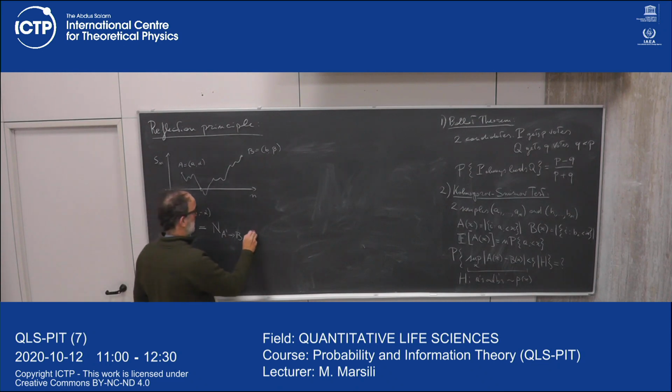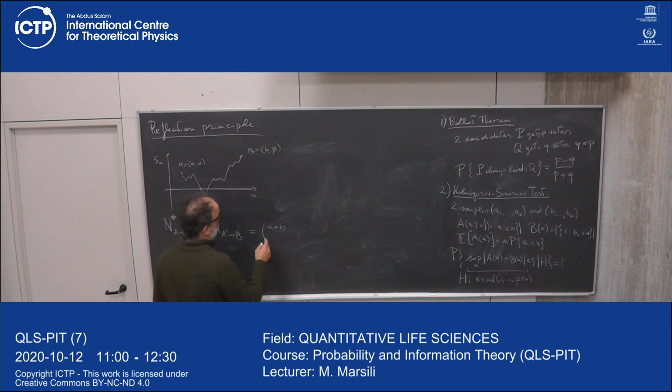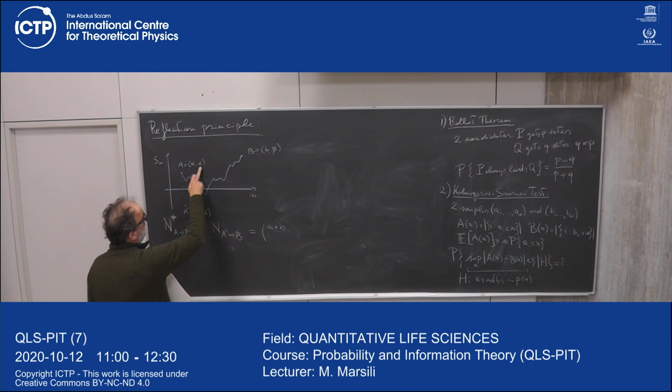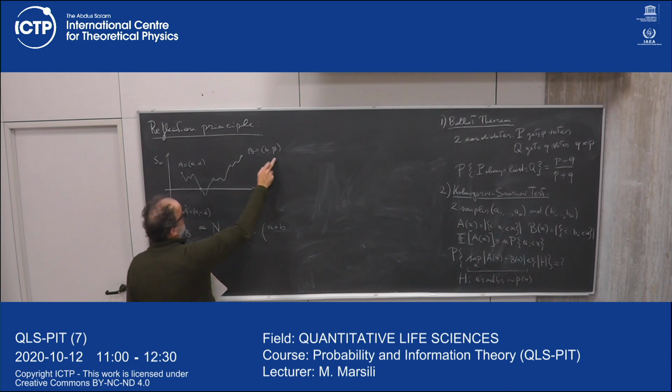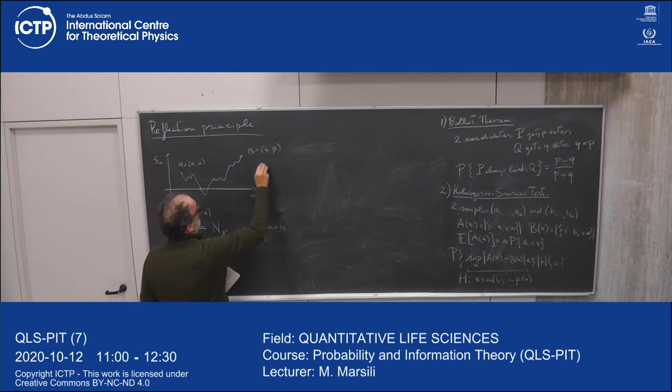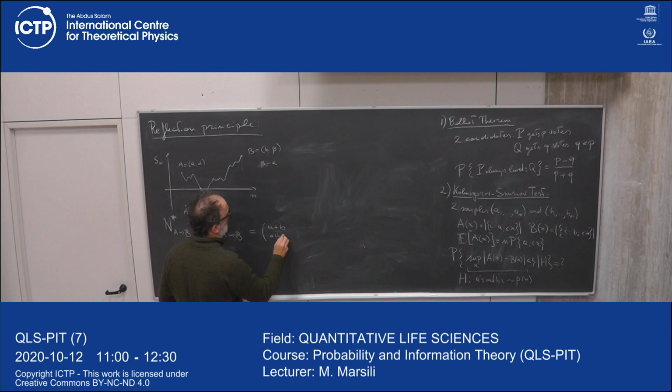Actually, we already know that this will be the number of steps, which is A plus B, divided by the difference between the K, which is essentially beta minus alpha. So this is A plus B plus beta minus alpha choose 2, okay?